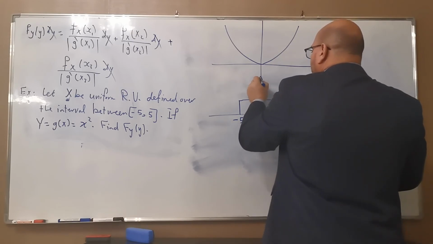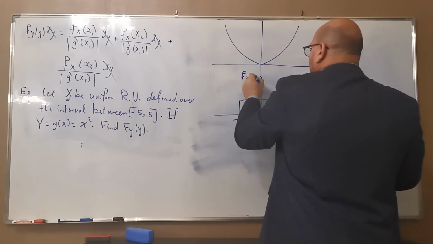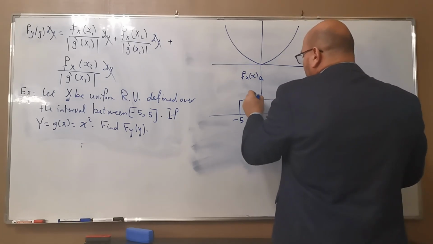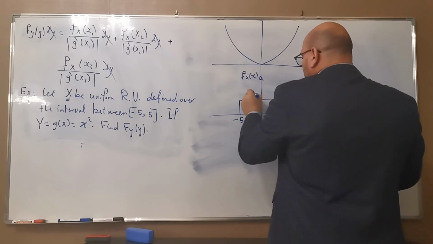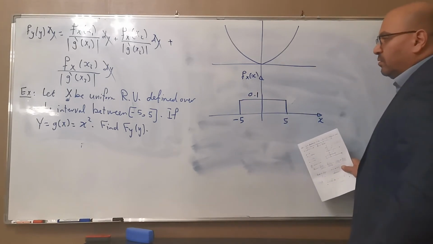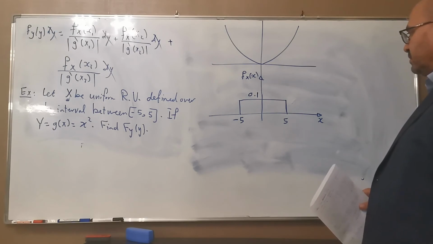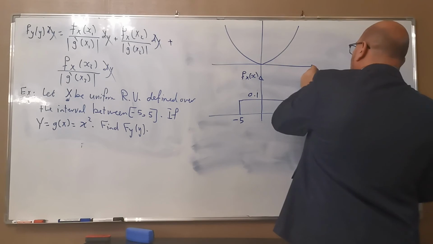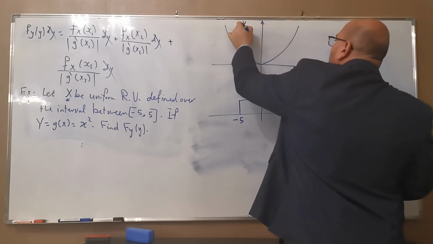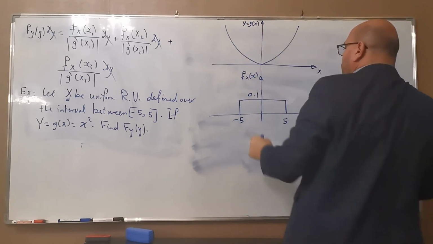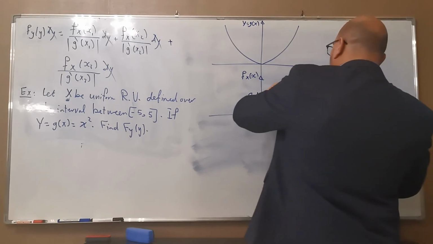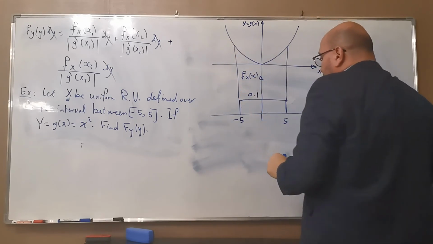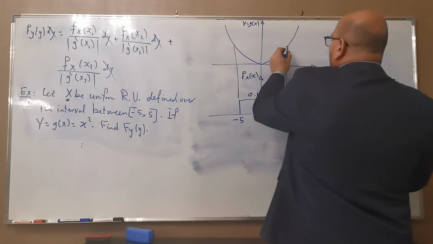This is a uniform random variable, and this is fX of x. The amplitude is 1/10, so it's 0.1, as we know for the uniform random variable. This is x, and this is our y, which is equal to g of x. As we see, it's a non-monotonic function because for every value of y, we have two values of x.